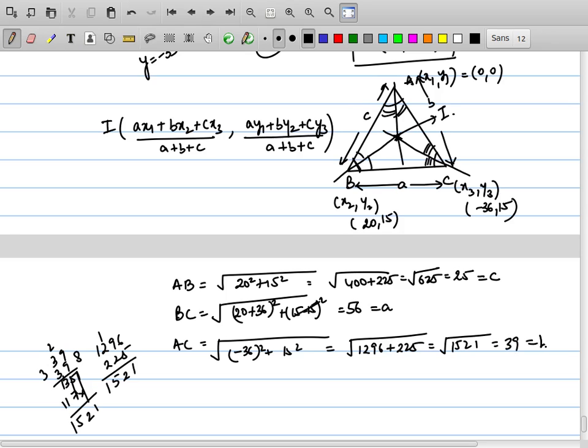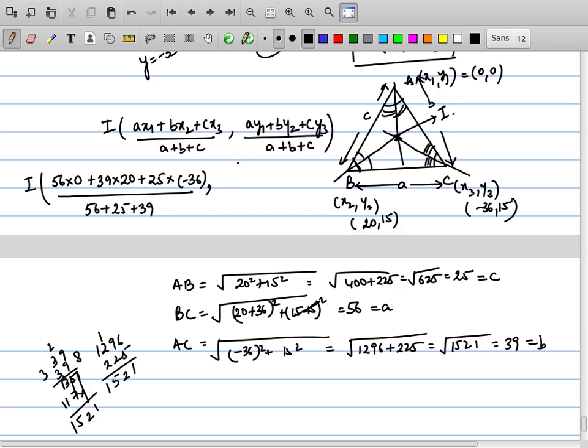Now this is b. Now just put in the values. So A is 56 into x1, which is 0. B is 39 into x2, and x2 is 20. And C is 25 into x3, x3 is minus 36, upon a plus b plus c, that is 56 plus 25 plus 39.